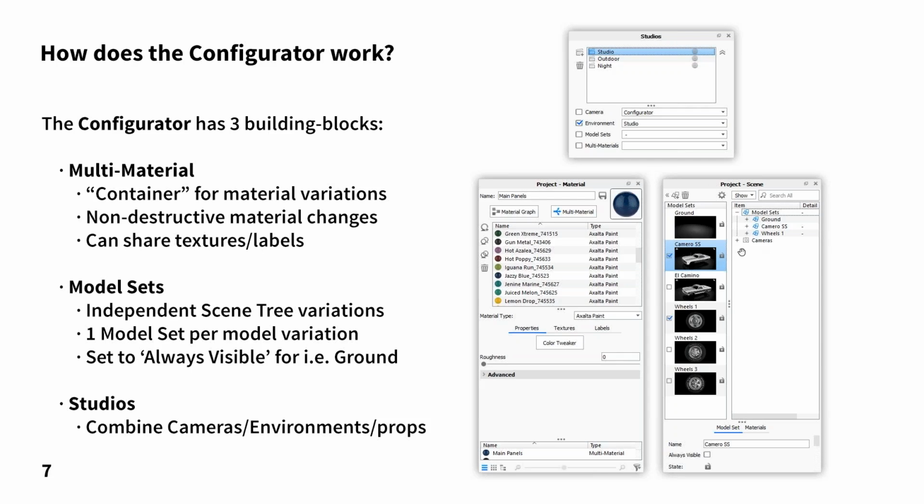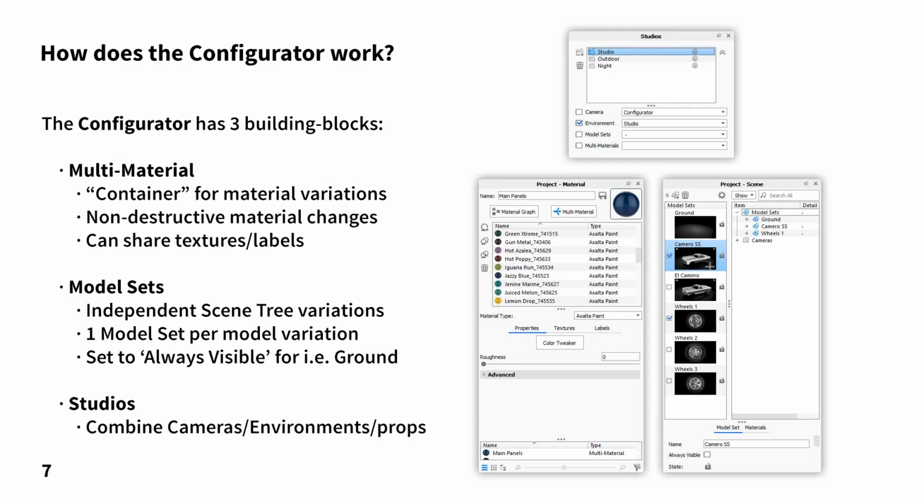So as we can see in this example from the Chevy scene, we have our Camaro, our El Camino, and the three wheels, each as individual model sets. We also have a ground model set here, which we've set to always visible, so that ground will always be displayed regardless of what model option is shown there in your configurator.